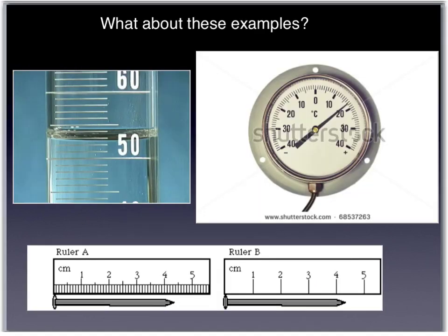Okay, take a second and pause the video and look at these 3 pictures and see if you can estimate the measurements there. Okay, so in this one, it's this liquid, water probably, in this graduated cylinder, at between 52 and 53.